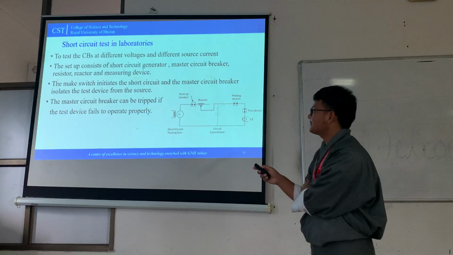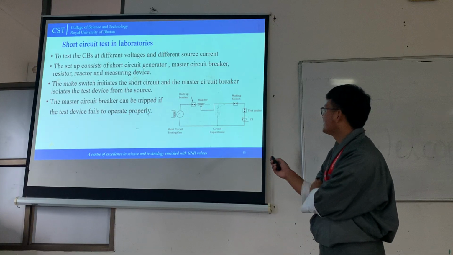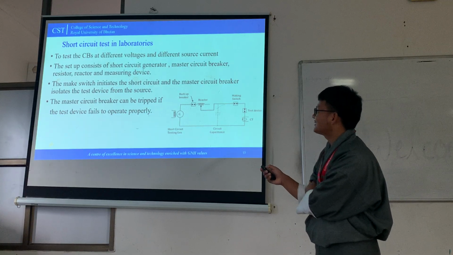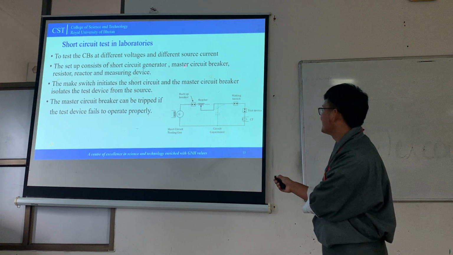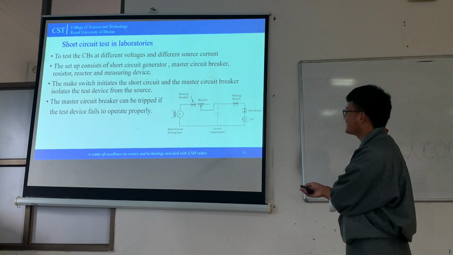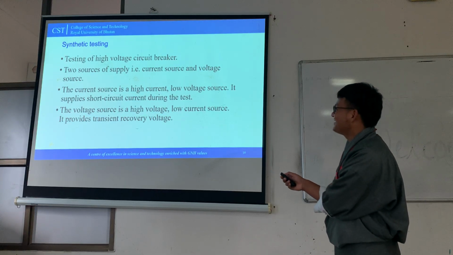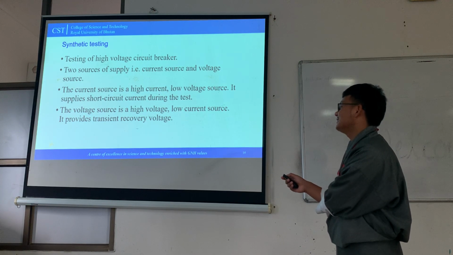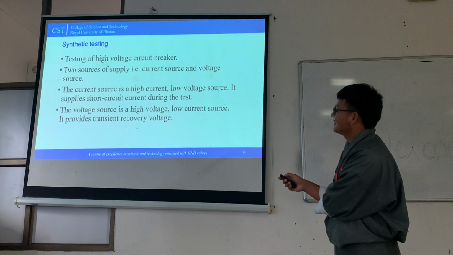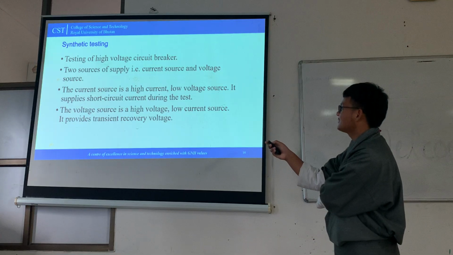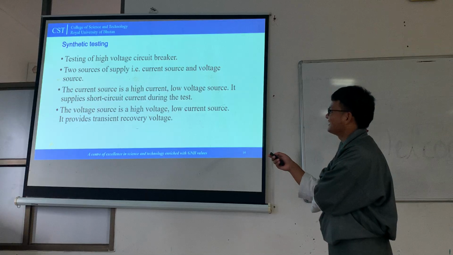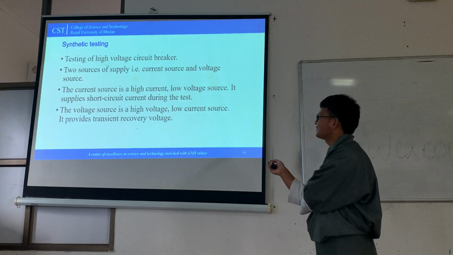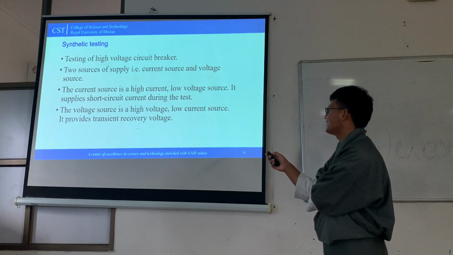In this test, there is a set of short circuit breaker, master circuit breaker, resistor, regulator, and measuring devices. There is testing of high voltage equipment. There are two sources of high supply system: current source and voltage source, high and low voltage source. Supply system is very limited.